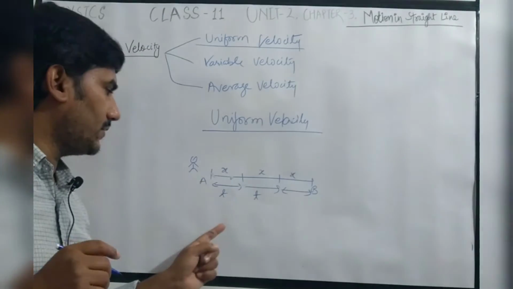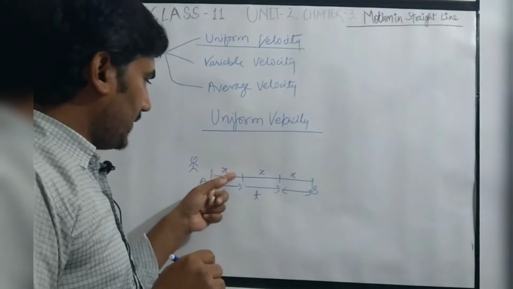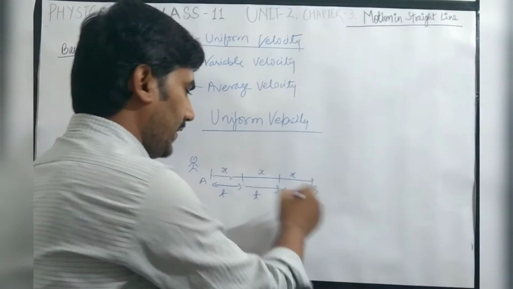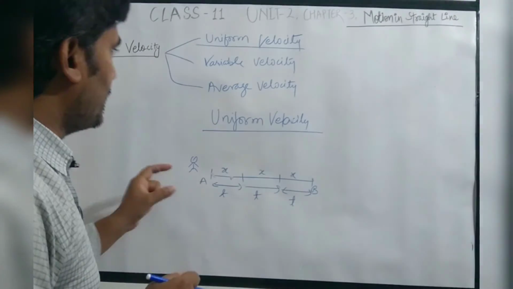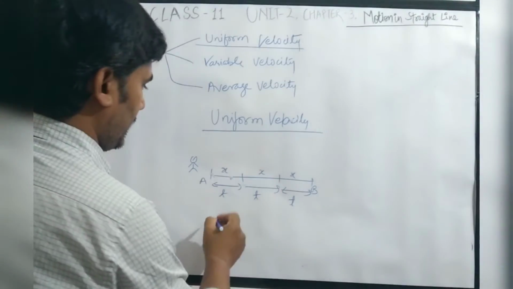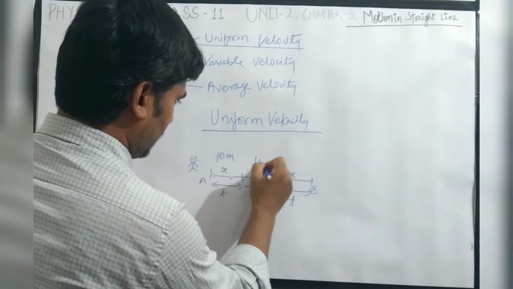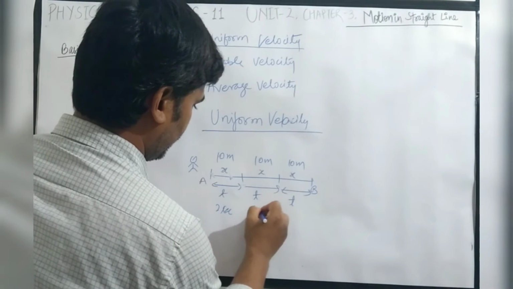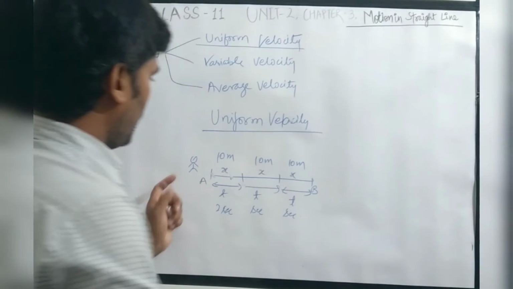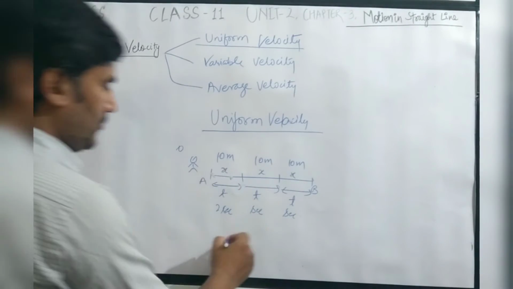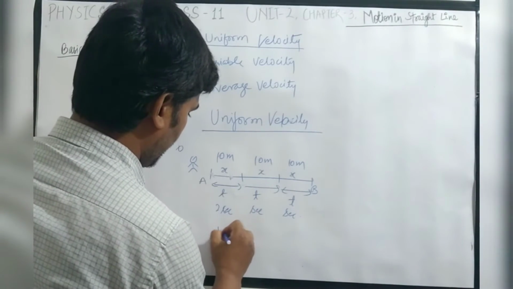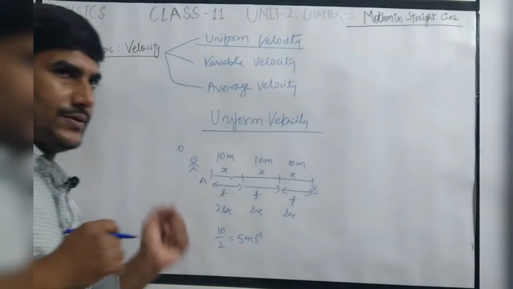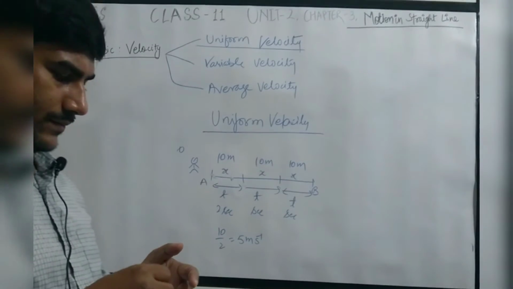When a body or person travels equal displacements in equal time periods, that body or person is said to be in uniform velocity. Suppose x is 10 meters and time is 2 seconds. Then the body is said to be in uniform velocity of 10 upon 2, that is 5 meters per second in each case.